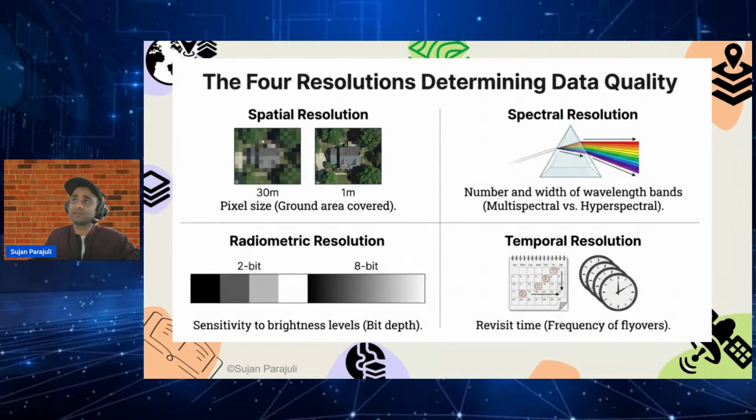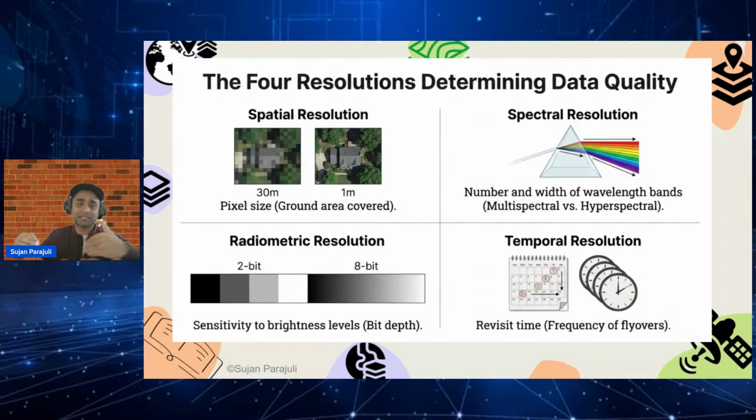So if the pixel resolution is 30 meters, then one pixel represents 30 by 30, which is 900 square meters. Whatever is within that 900 square meter area is stored as one feature, or one piece of information, on the sensor.